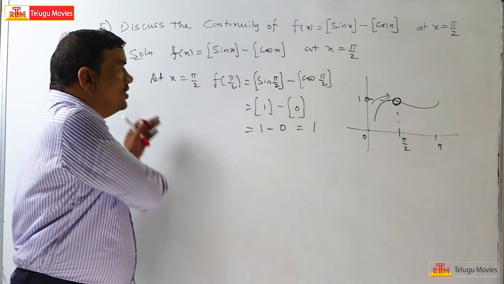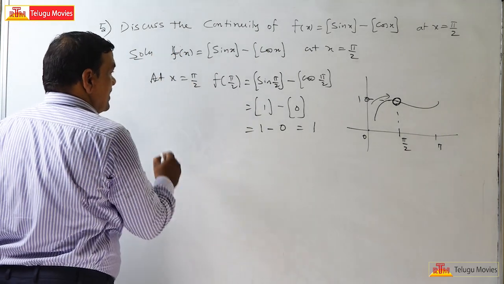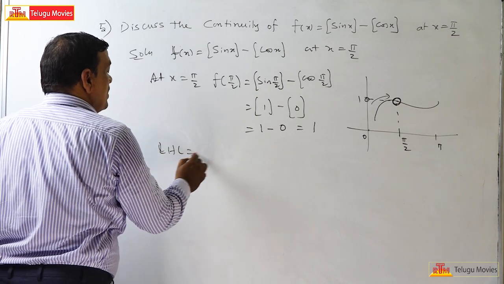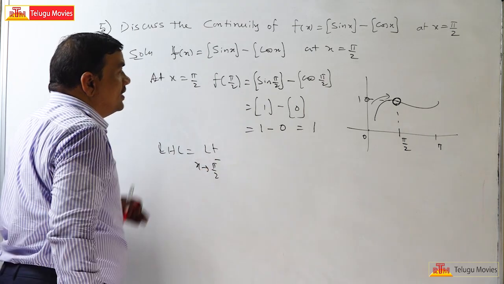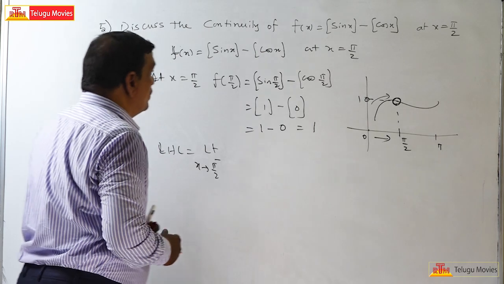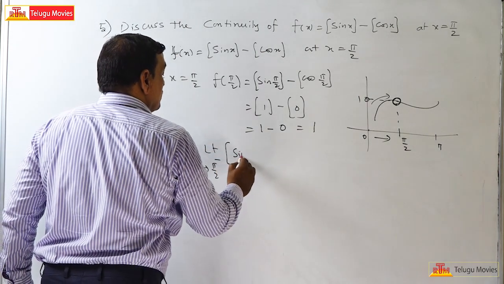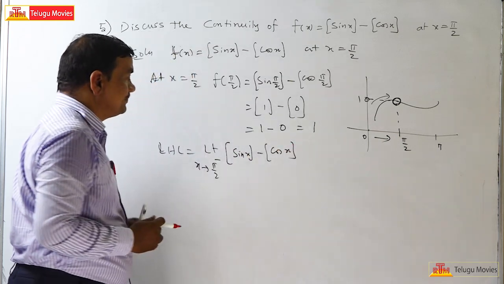Okay. So let us find out the left hand side limit. That is the LHL value I am finding, limit x tends to pi by 2 minus. That means I am approaching pi by 2 from the left direction. So this is equal to step of sin x minus step of cos x.